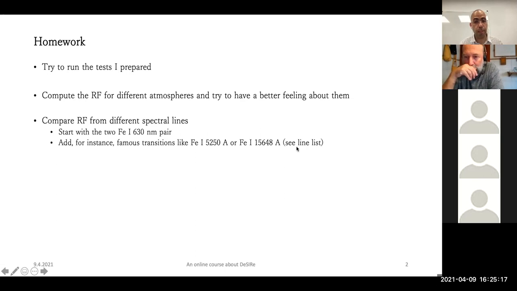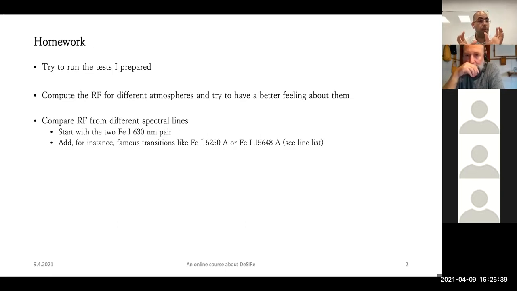If you see the line list, there are different lines like this one or this one. And this could be interesting because sometimes you have an instrument or an observation that comes from a specific wavelength. It could be in the infrared or in the visible or in the blue. Or sometimes you are preparing a proposal, for example for the KIST, where you can choose.